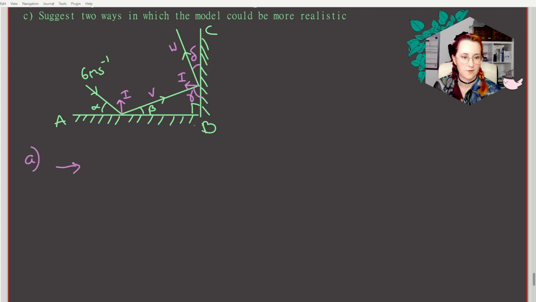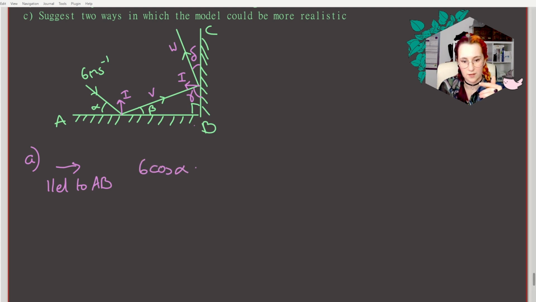My frame of reference here is going to be parallel to AB. So that's U cos alpha, so 6 cos alpha is V cos beta.